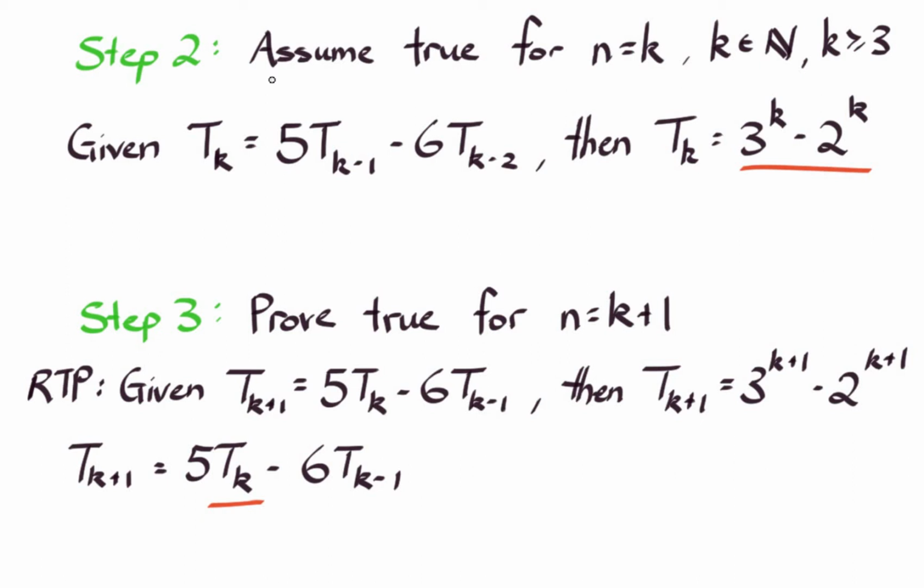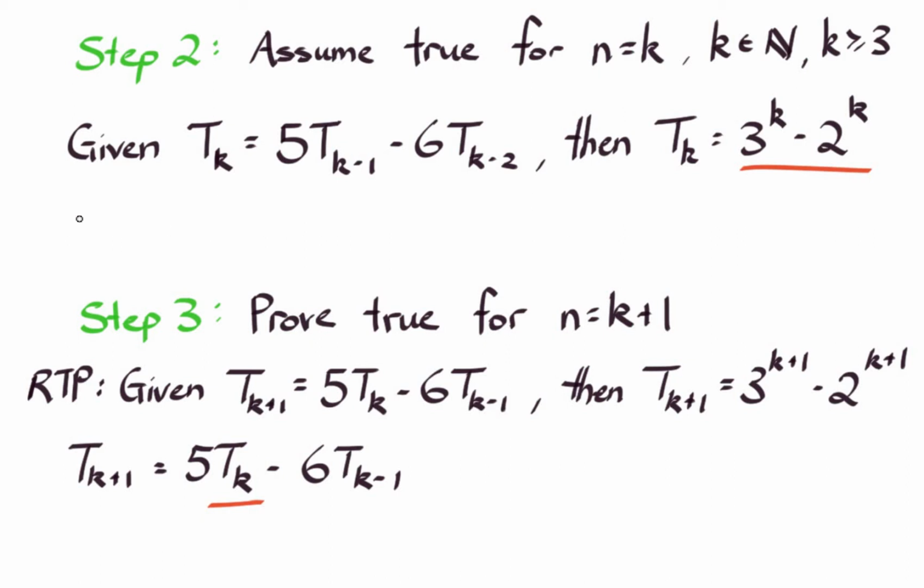So when we get to step 2 and we assume some generic domino falling, we could have just as easily chosen the domino before that. Right, so if we're assuming that this is true for n equals k, then it must also be true for the domino before. It must be true for n equals k minus 1.